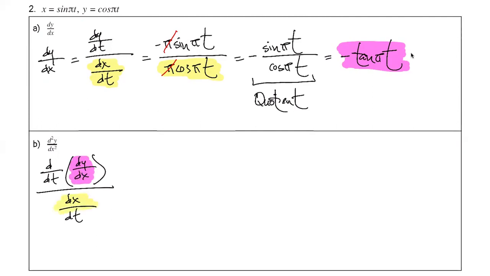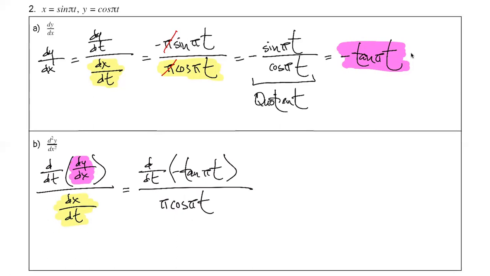And I need to take my denominator unsimplified from part A. So the derivative of negative tangent pi t divided by pi cosine pi t. All right. The derivative of tangent is secant squared. So I have negative pi secant squared pi t divided by pi cosine pi t.